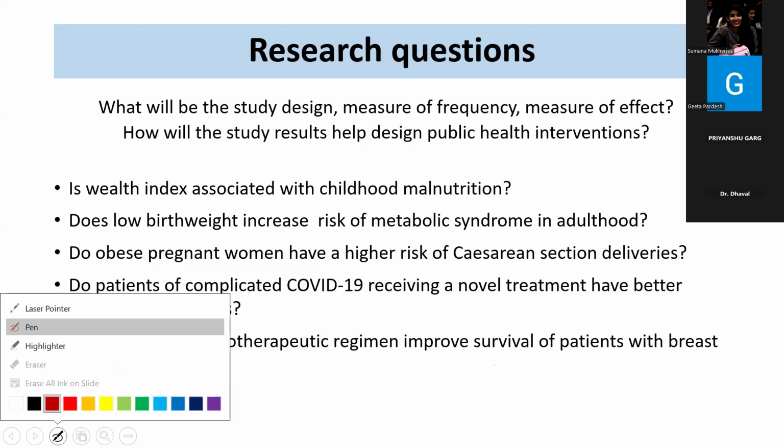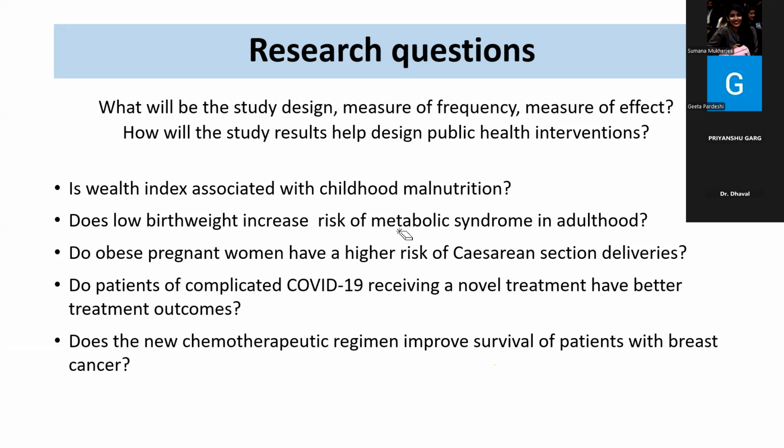So for childhood malnutrition, there is a one-time approach. We will collect that one time only, and then we try to see the associated factor, that is wealth index, whether it is associated with that or not. Yes, so you are right. What we are interested in is understanding the association between the wealth index and childhood malnutrition, and a cross-sectional study would be sufficient for us to do this.